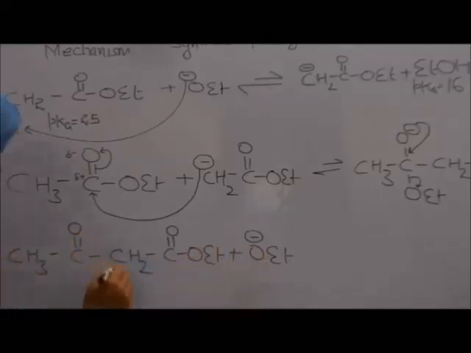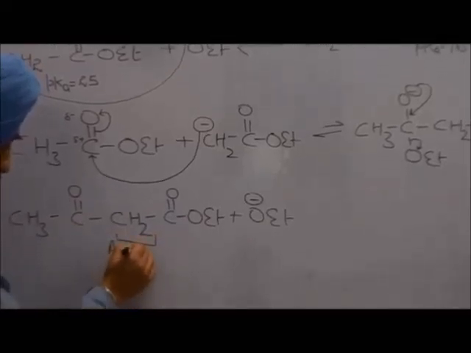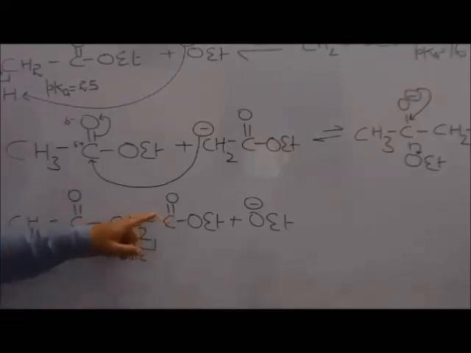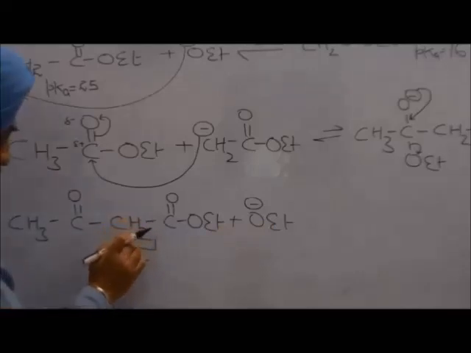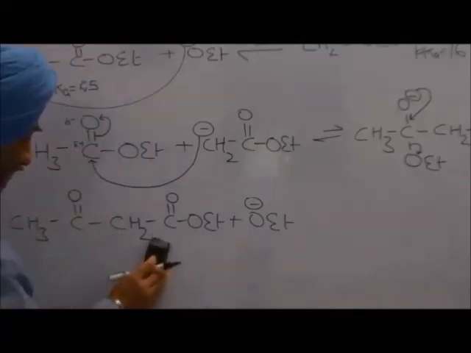Now this is interesting: this CH2 group will be acidic because it can lose protons, being surrounded by two carbonyl groups. So what will ethoxide ion do? It will abstract a proton from here, giving us an enolate.